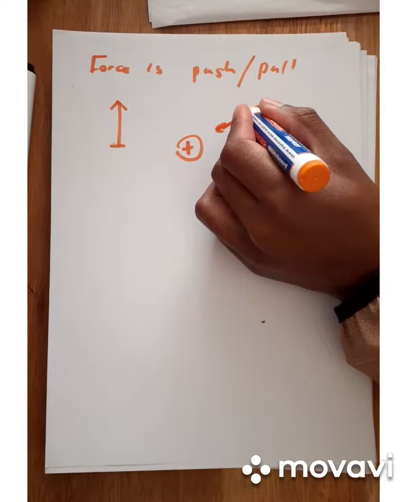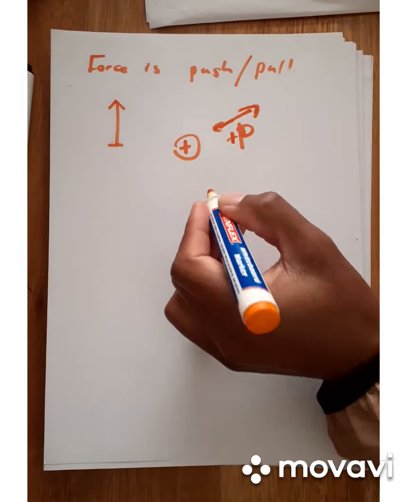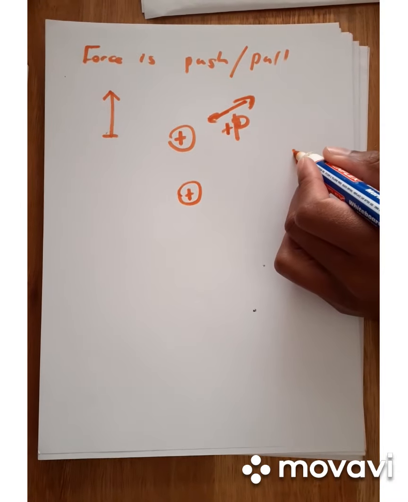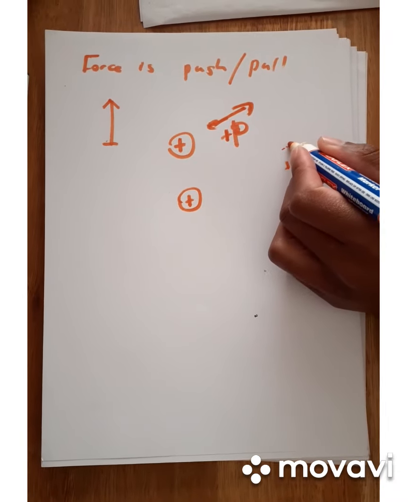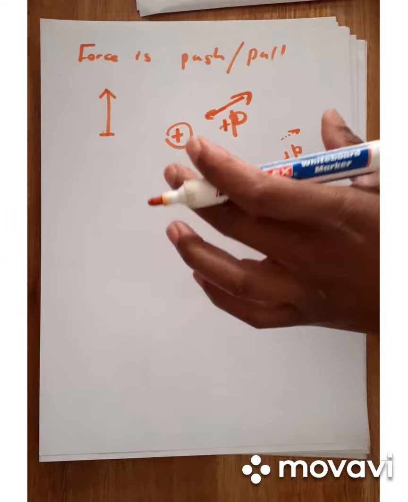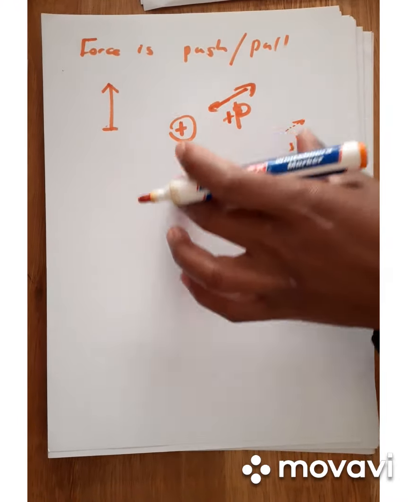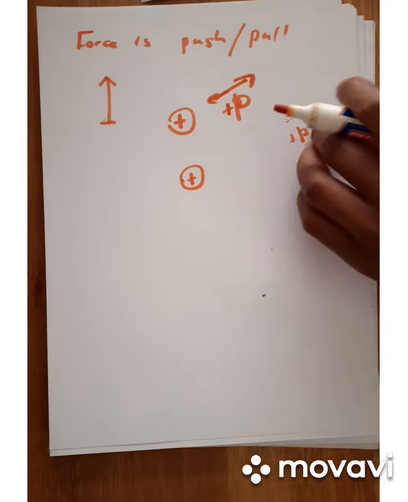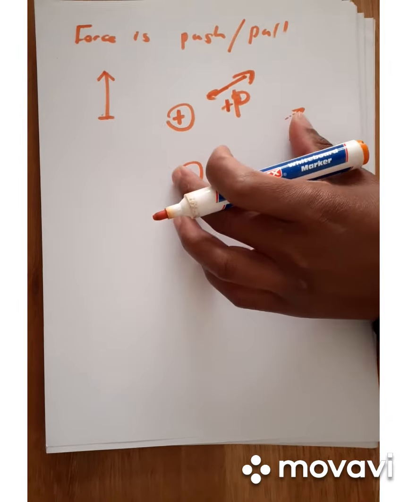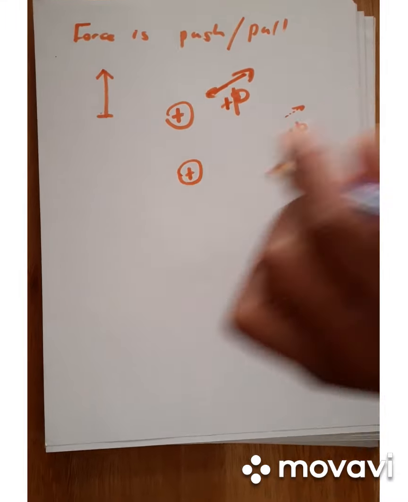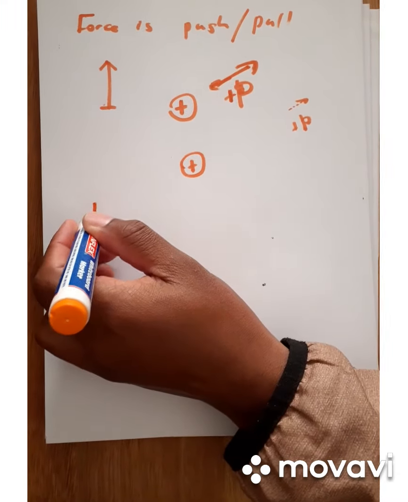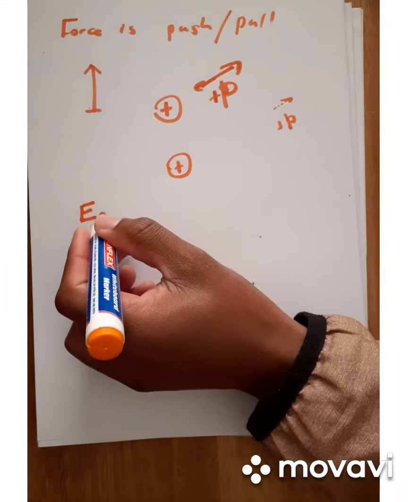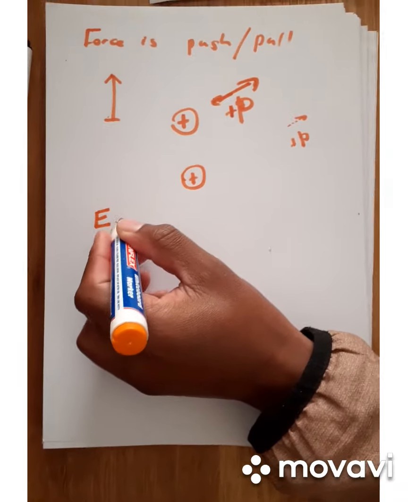Then you do the very same thing, but you place it at a distance, and you realize it moves slower, which simply shows you that the strength becomes weaker as you move away from the couple, as you separate the two charges. So this brings us to what we will know as electric field strength.